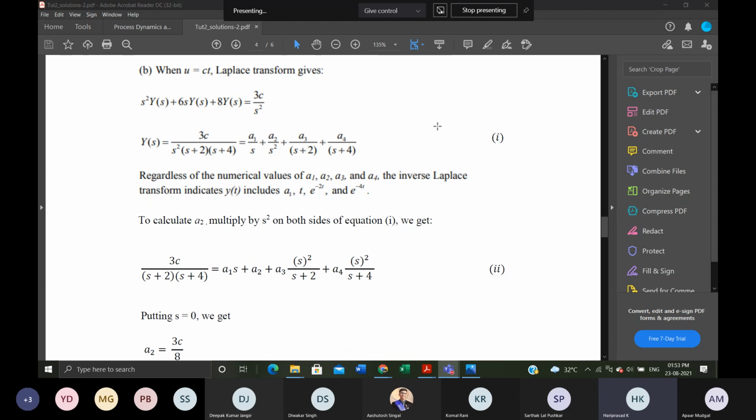So when you are writing y of s, you should make sure that each of these components can be inverted, so that you are able to go back to the t space from Laplace. So that's all about it. Any questions? If you have, we can discuss that. That's the overall take-home message that you need to know.